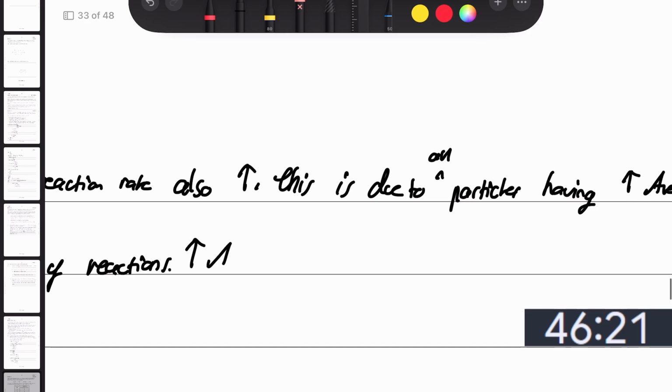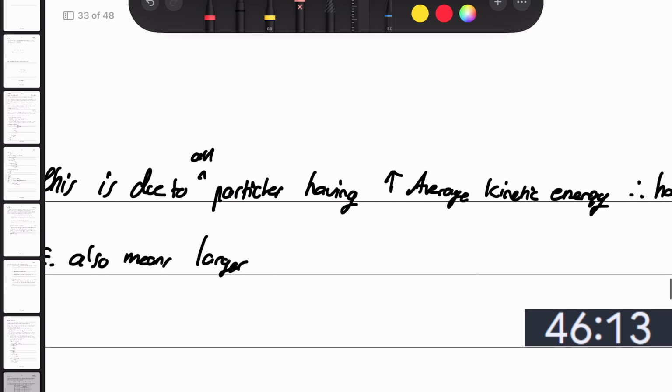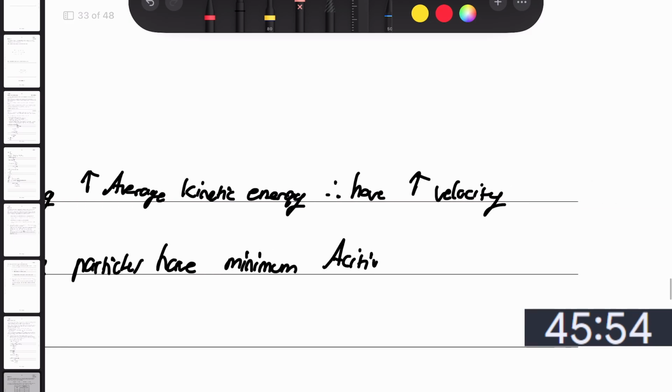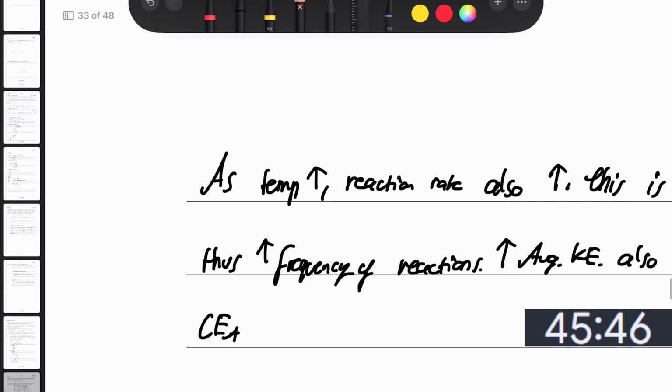Higher average kinetic energy also means a larger proportion of reactant particles have the minimum activation energy, which I'll call EA, to successfully react.